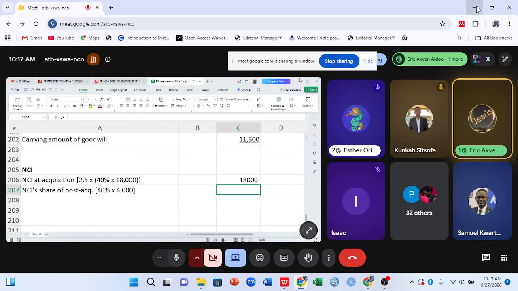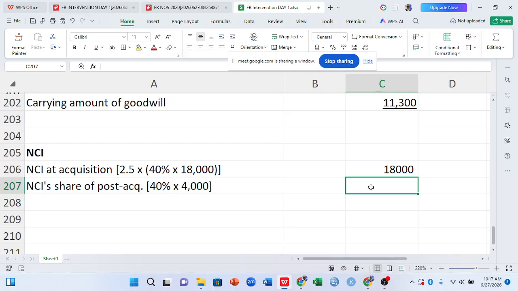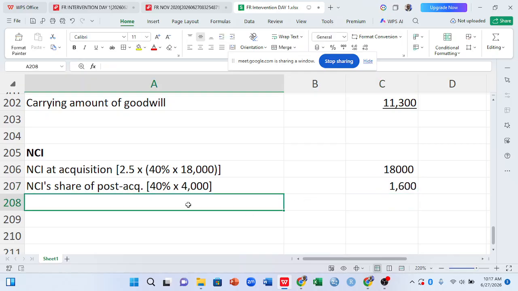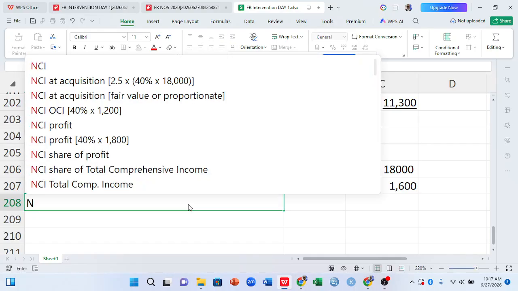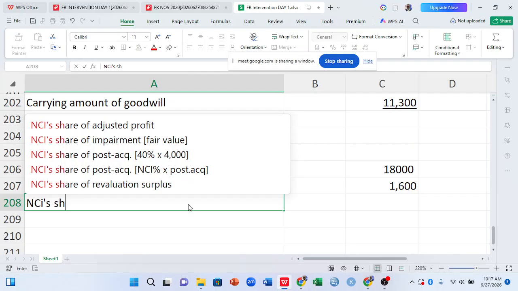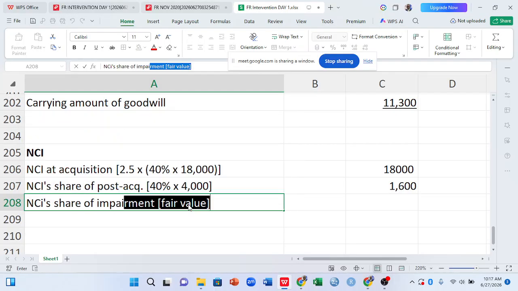Yes, go ahead. So 1,600. Then are we going to bring impairments here? Yes, we are going to bring NCI share of impairments, because we are using fair value.